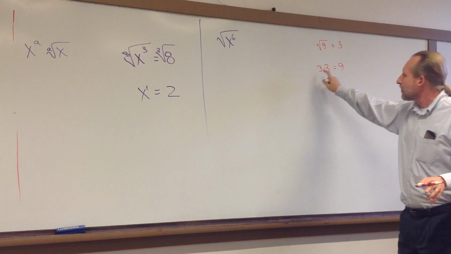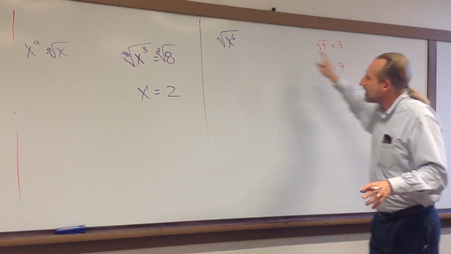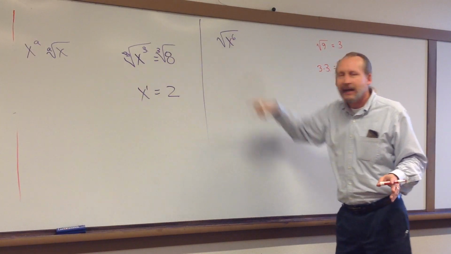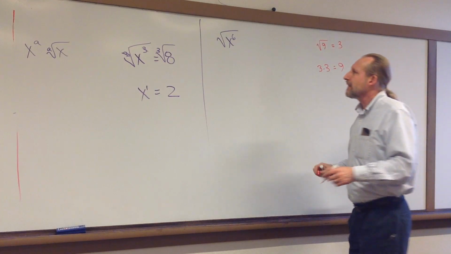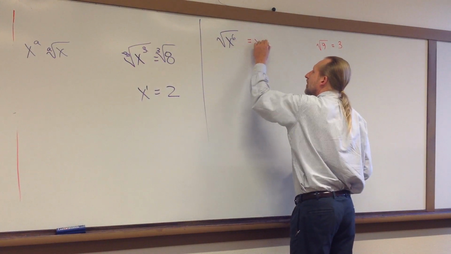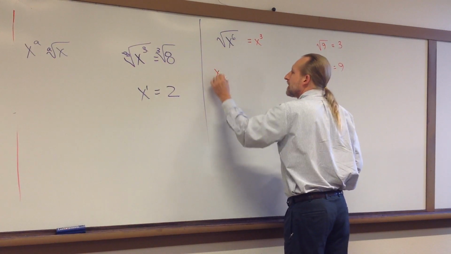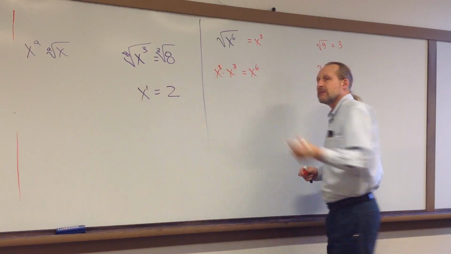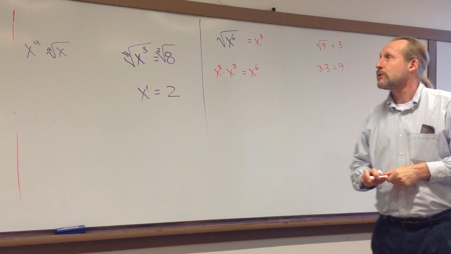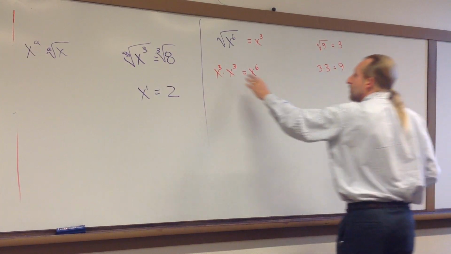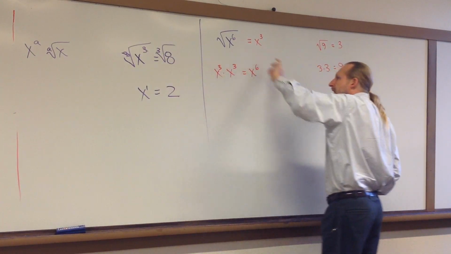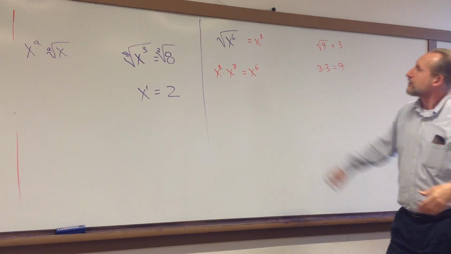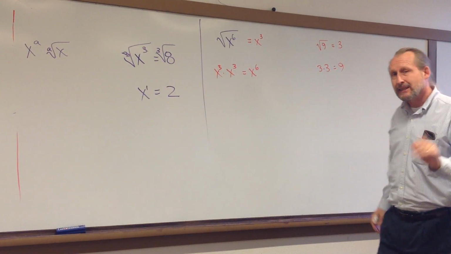We want something that we're going to multiply by itself and get what's inside here, x to the 6th power. That's x to the 3rd, right? Because x to the 3rd times x to the 3rd makes x to the 6th power. That's what we were just doing with the rules of exponents, right? When you multiply these, you add the exponents. So, the square root of x to the 6th is x to the 3rd.